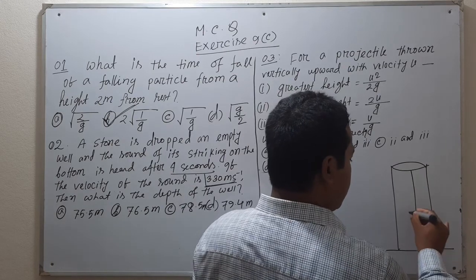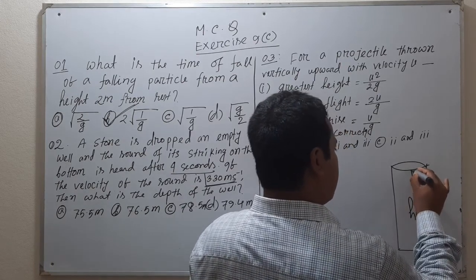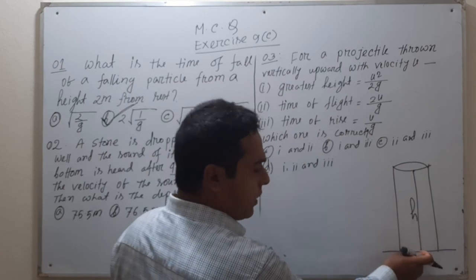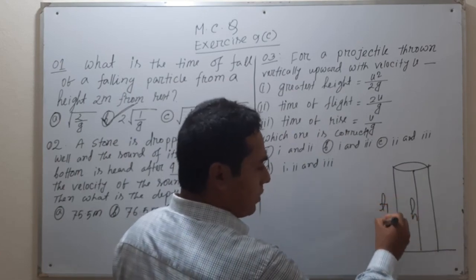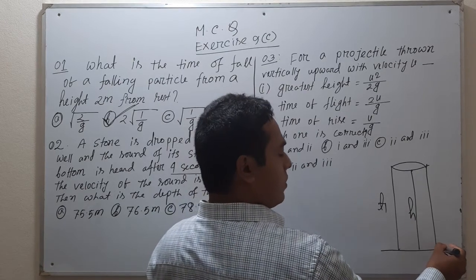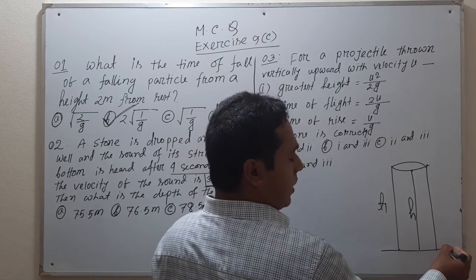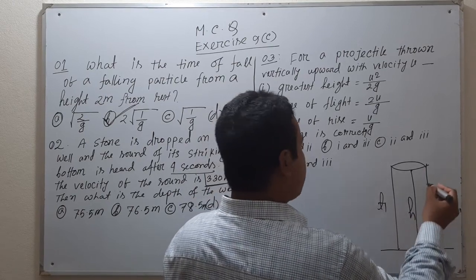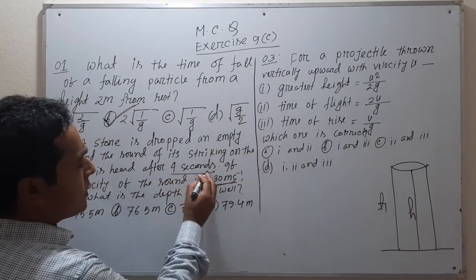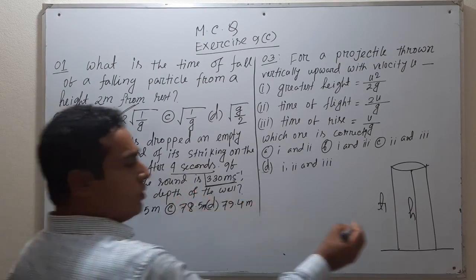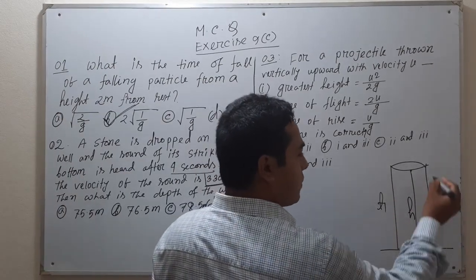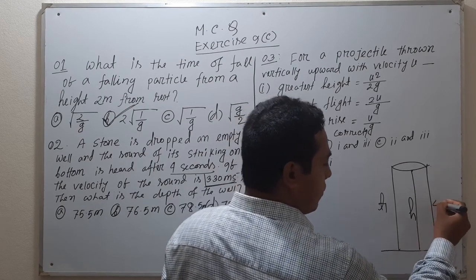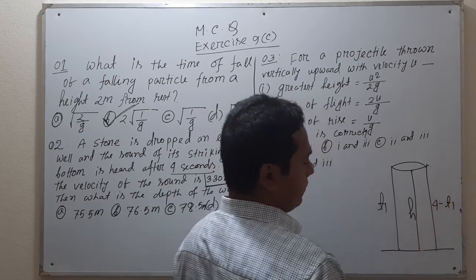This height is h and the stone dropped from this place and reached this point in time t1, and the total traveling distance for the sound is h and total time is 4 seconds. So the sound reached this point after striking the bottom in 4 minus t1.